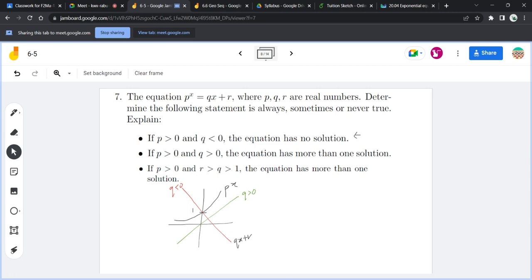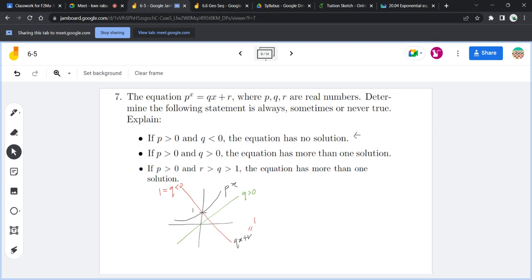So if we choose q to be any value, let's say 1, and then for r, if we choose r to be equal to 1, we know that this line will pass through this point, right?